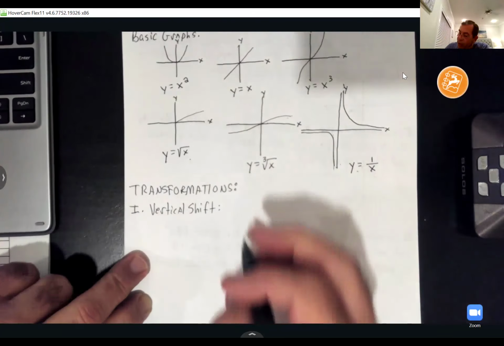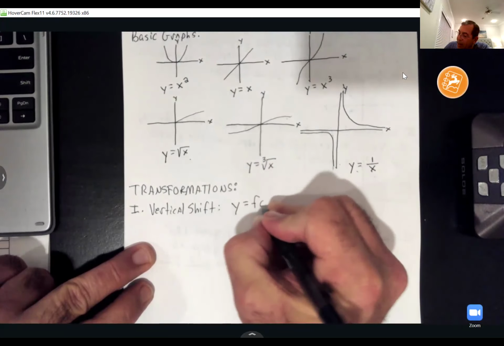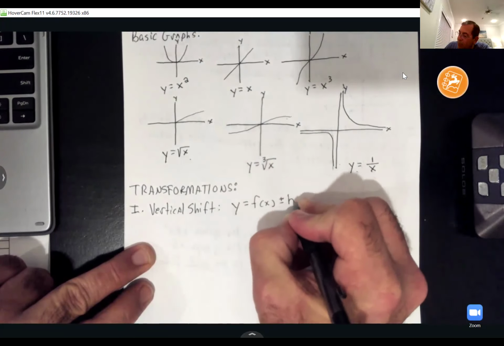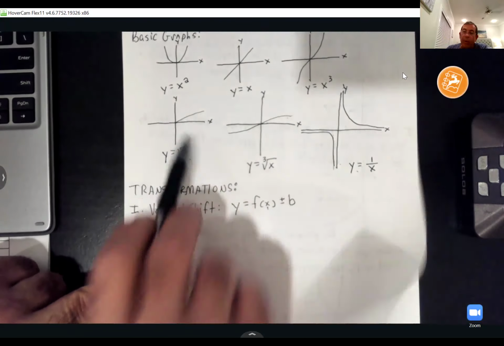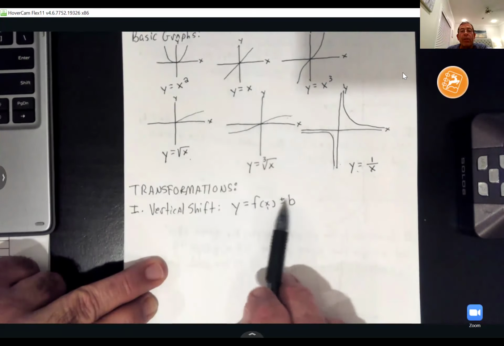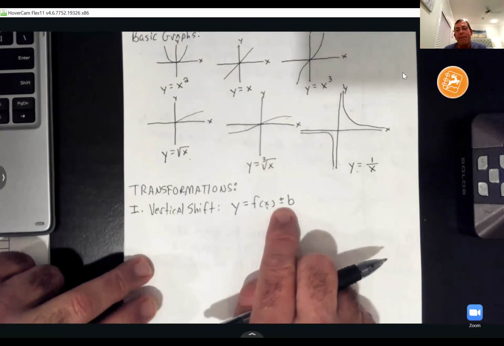For a vertical shift, I'm going to have y equals f of x plus or minus b. f of x is your function. So if I was doing x squared, f of x would be x squared plus a number or minus a number.